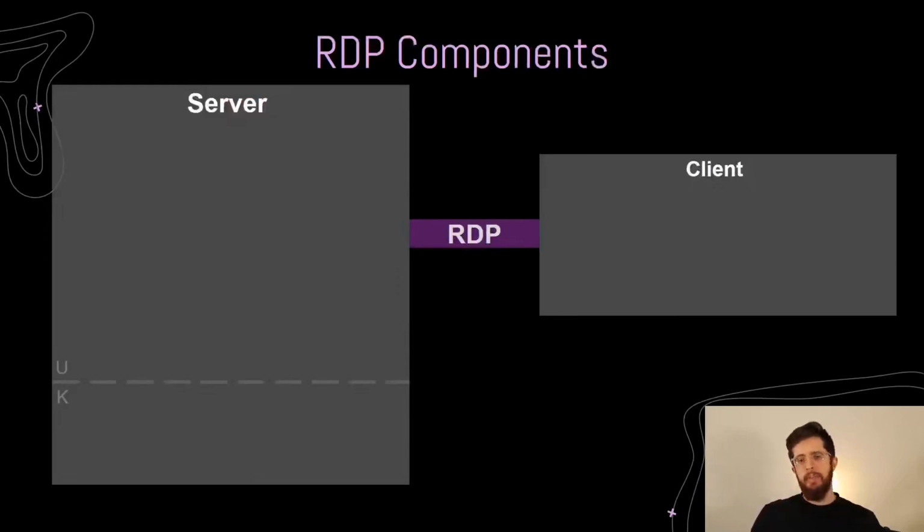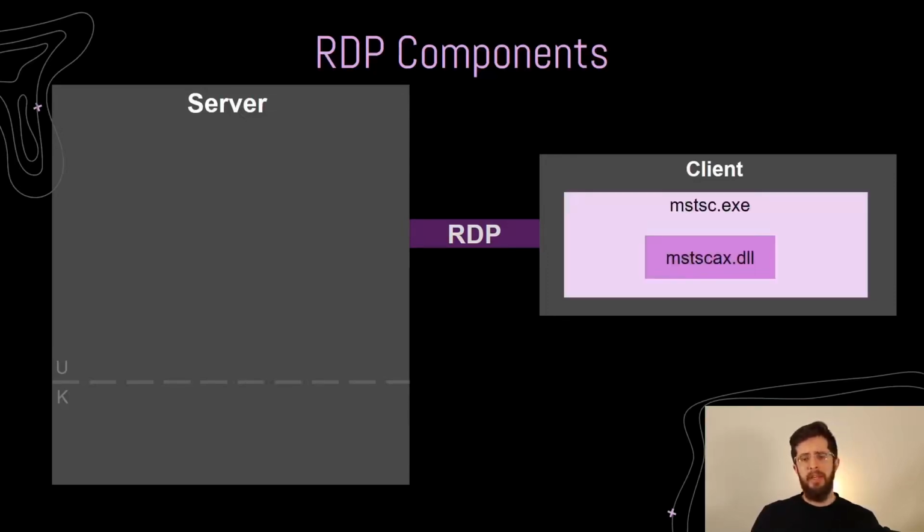So here you can see an overview of the actual software components at play during an RDP connection. Let's start from the right. You can see here we have the client. We have mstsc.exe, and it loads the mstscax.dll, which contains most of the protocol logic handling on the client side.